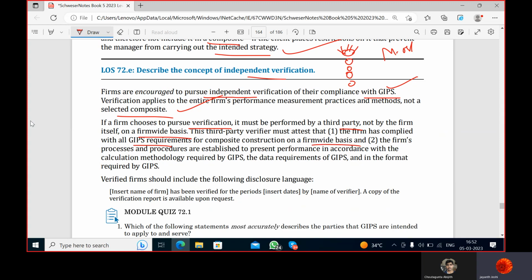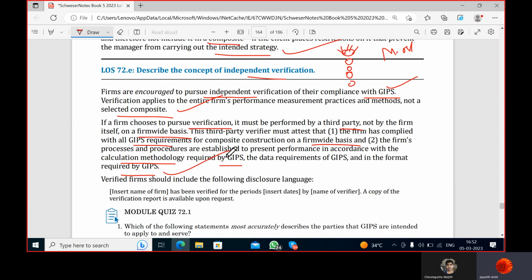That means for all the investments, whatever they are doing and making a fund, they are following the GIPS standards. The firm's processes and procedures are established to present performance in accordance with the calculation methodology required by GIPS. Okay, following the standards and how they calculate the returns and all. The data requirements of GIPS and in the format required by GIPS.